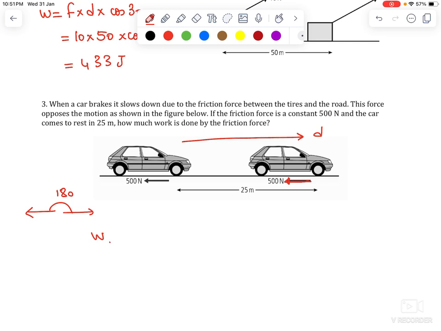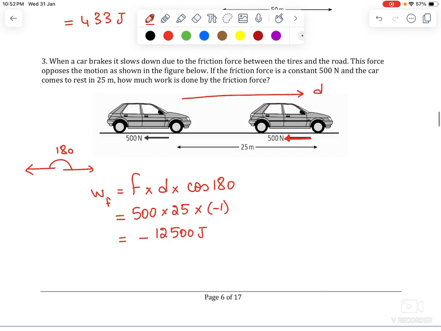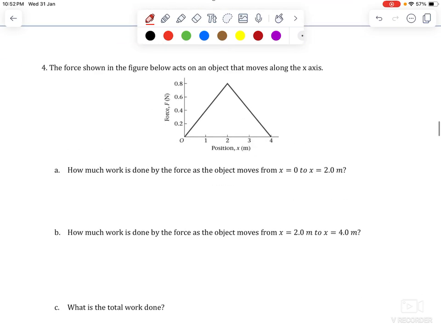So the work of friction equals the force of friction by the displacement by cosine of 180. So this is 500 by 25 by -1, so basically negative 12,500 joules.